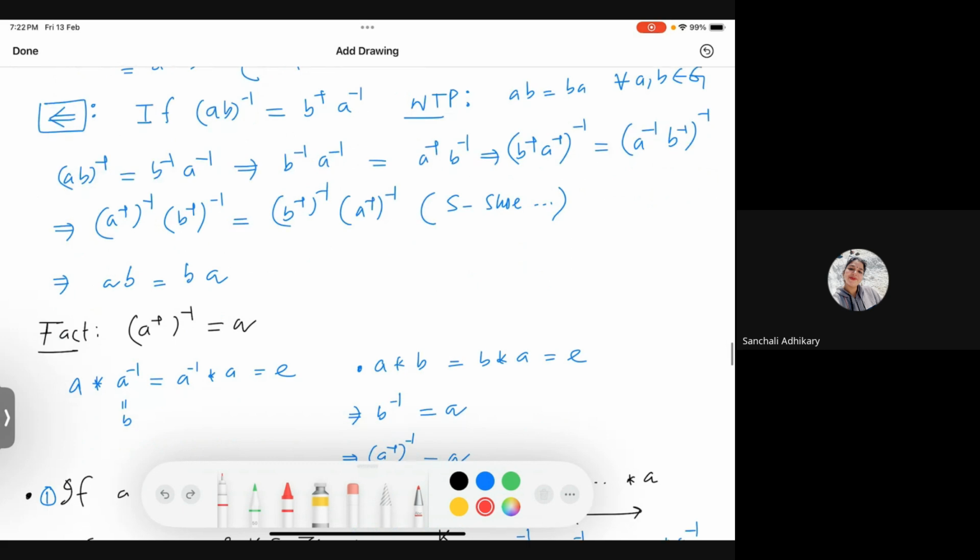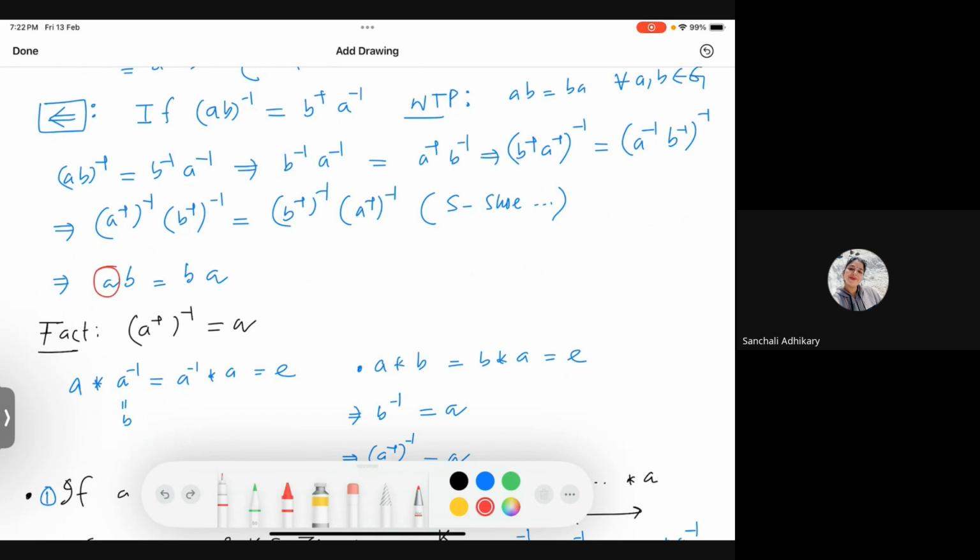In the left side, I get (A inverse) inverse, which means the inverse of A inverse. What is the inverse of A inverse? A itself. So A, here B, and again here B, here A.